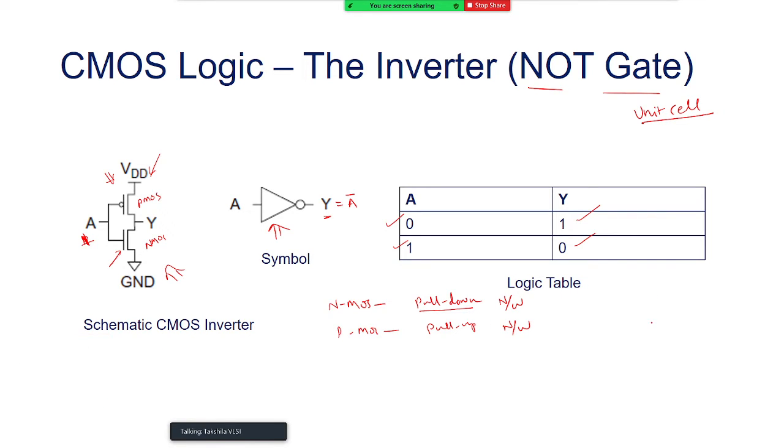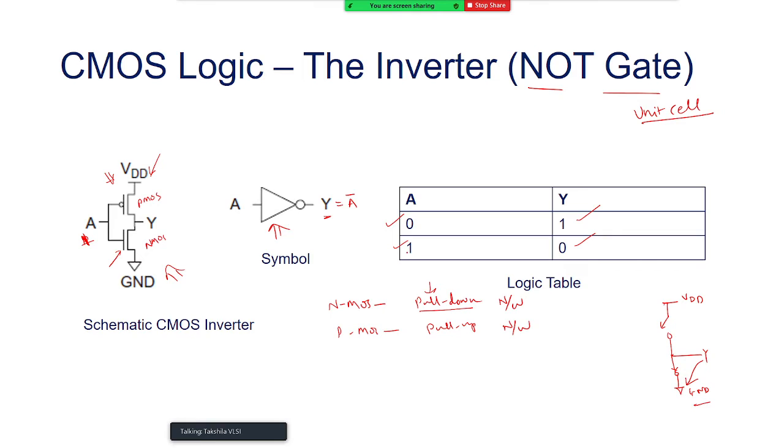Which transistor is going to be on? NMOS is going to be on and PMOS is going to be off. This is Y, this is ground, that is logic 0, and this is VDD. So what I see is that with logic 1 at the input terminal, the output got pulled down to logic 0 or ground level. That's why I declare the NMOS acts as a pull-down network.